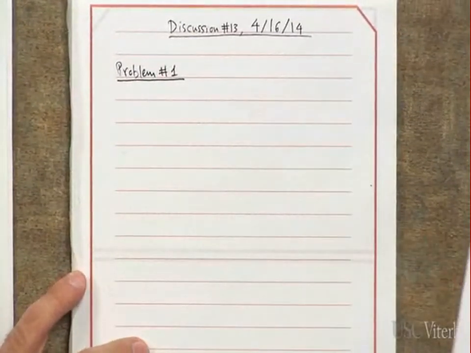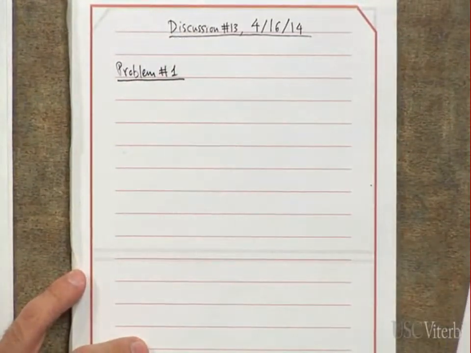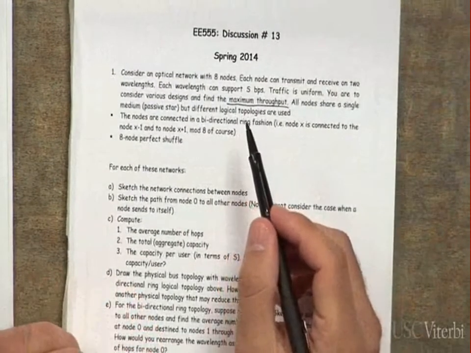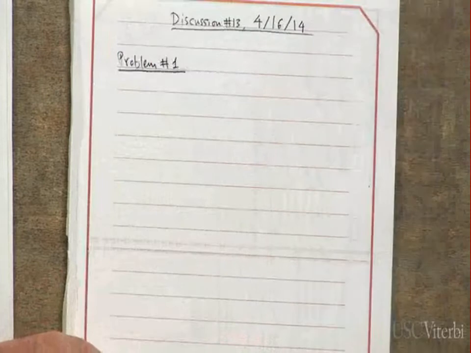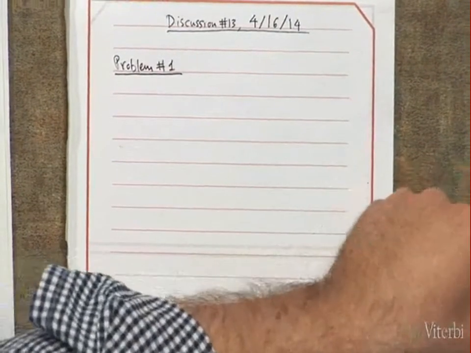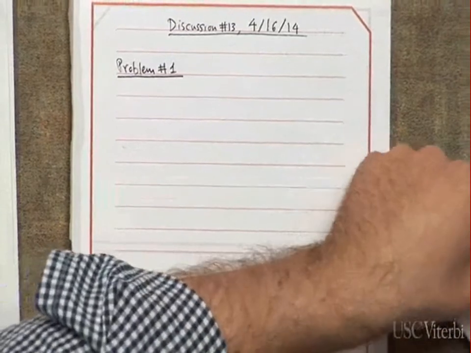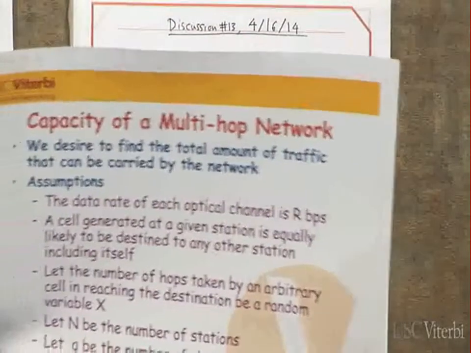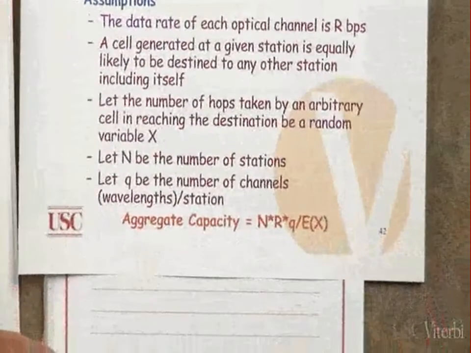The main objective, as we said, is to calculate the maximum throughput. Do you remember the equation for the maximum throughput? Most likely you haven't seen it yet, but it's in the next lecture. We won't prove it here, we'll just use it.